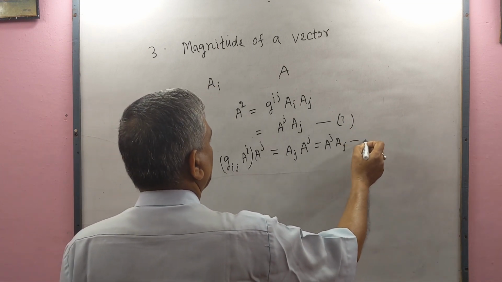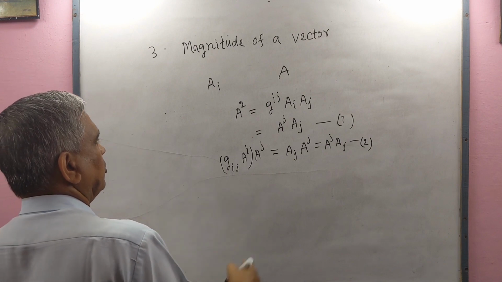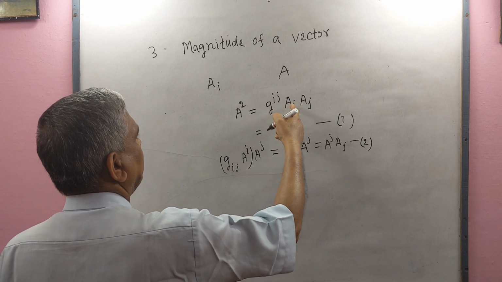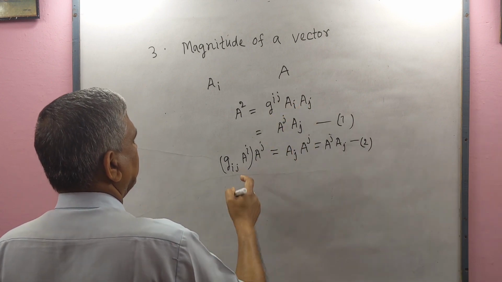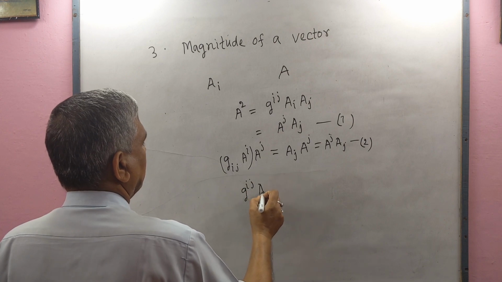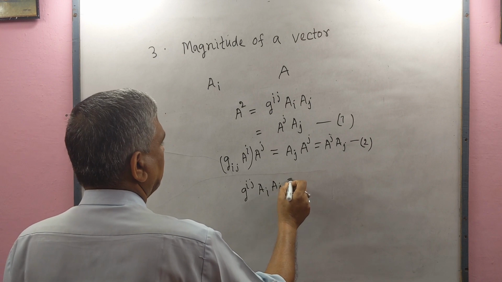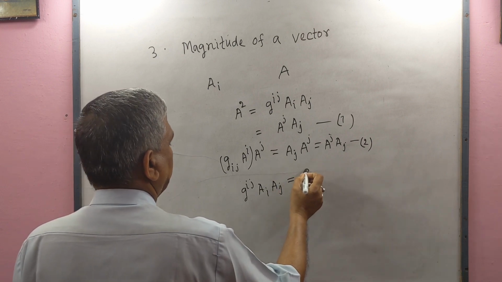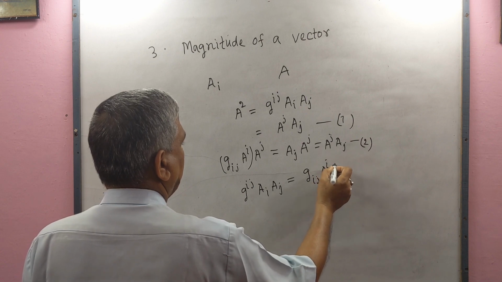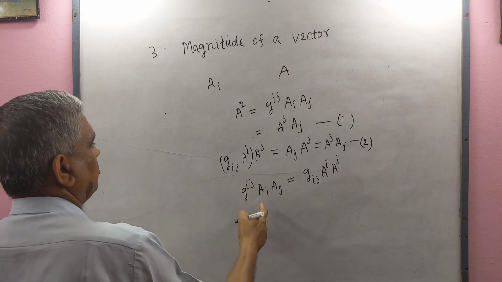This is 2. From 1 and 2 we get the right sides equal. So this g_ij A^i A^j equal to A_j A^j, and this equal to A square.